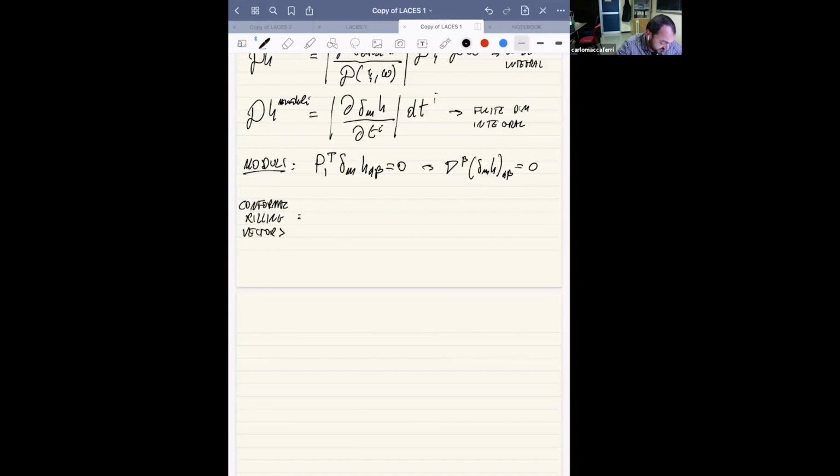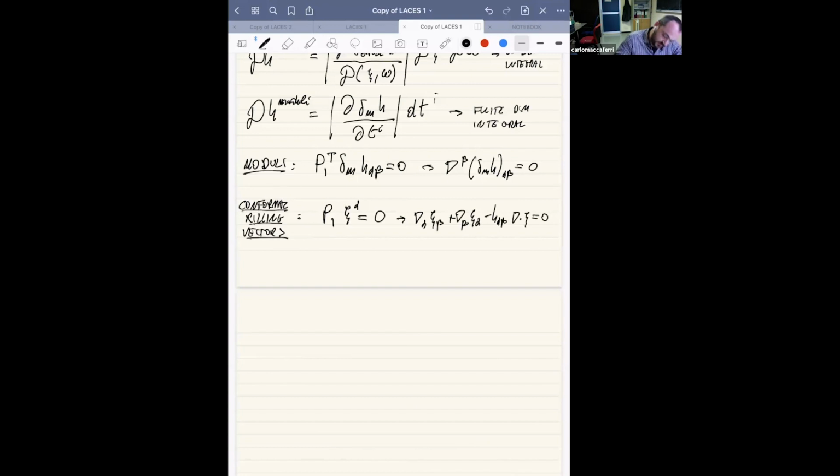These guys are just the solutions to another linear equation, which is the transpose of this one, which is just P1 on psi alpha equal to 0. Written in components, this means delta alpha psi beta plus delta beta psi alpha minus h alpha beta, the divergence, equal to 0.